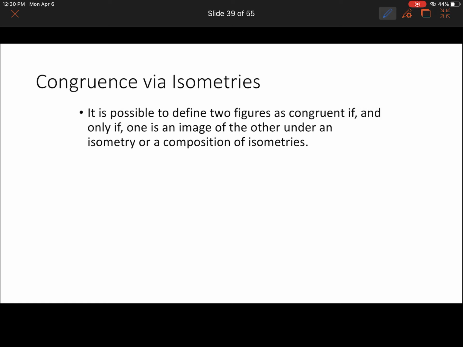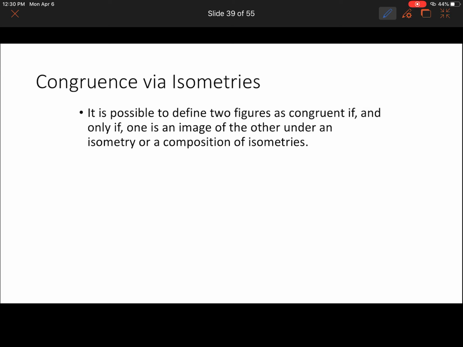So we can say that if a figure has undergone an isometry, then they are congruent. If we can rotate, or we can reflect, or we can slide an object one way or the other, then we can know based off of that the figures are congruent. Okay?